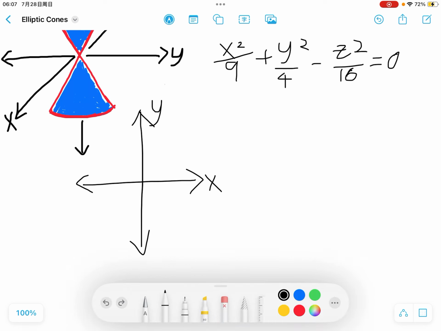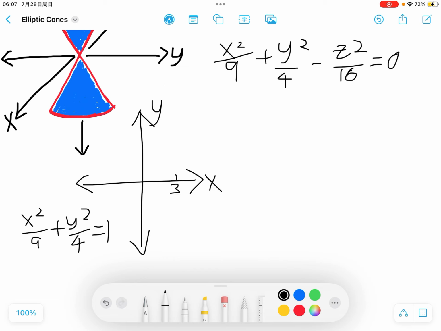So how about we make an ellipse? We let z be 4, and we have x squared over 9 plus y squared over 4 equals 1, because when z is 4, this term here is minus 16 over 16, which is just minus 1. If we move minus 1 onto the other side, it's just plus 1. So now we have an ellipse, and we can easily graph that.